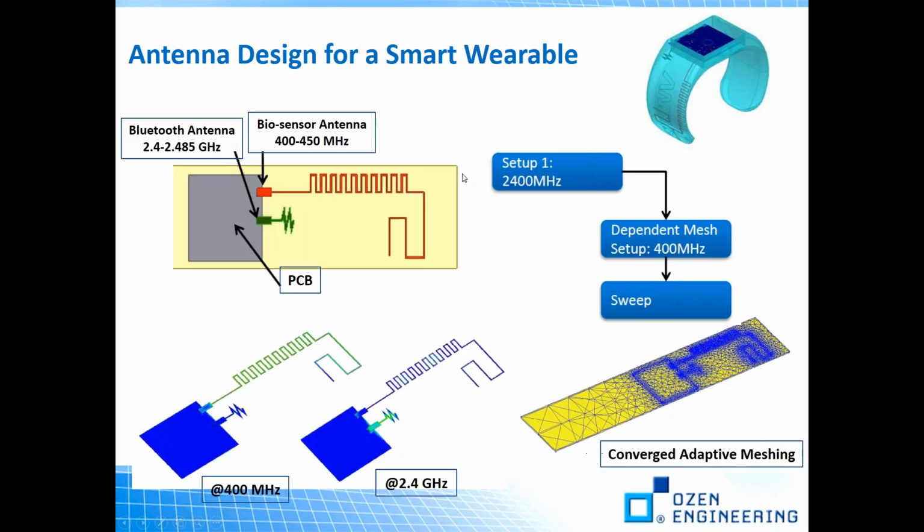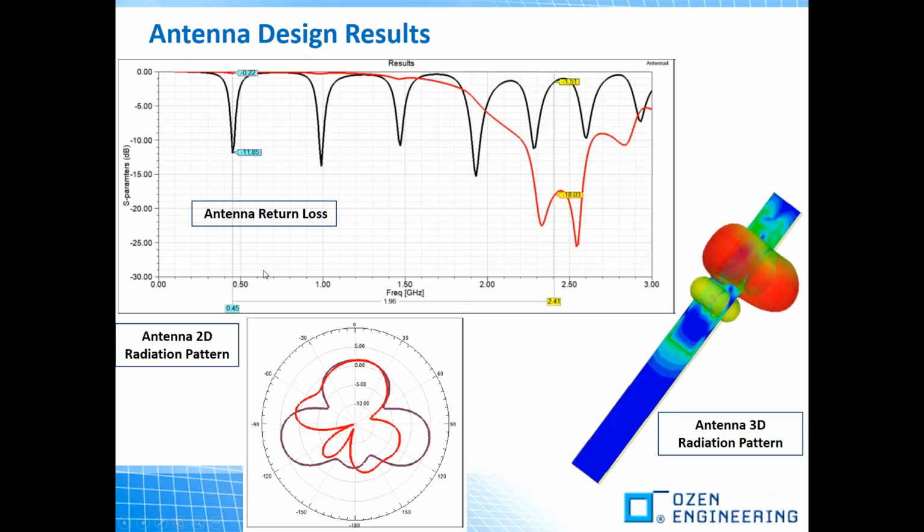You can design this antenna in HFSS 3D easily and look at the antenna performance. You can see the S11 or return loss, the 3D radiation pattern, or the 2D radiation pattern of the antenna, so you can get the antenna performance result.